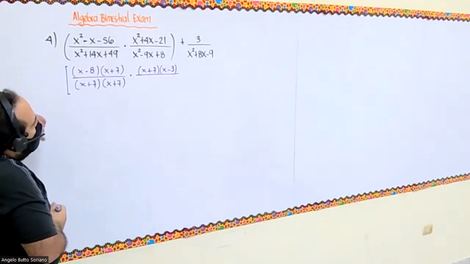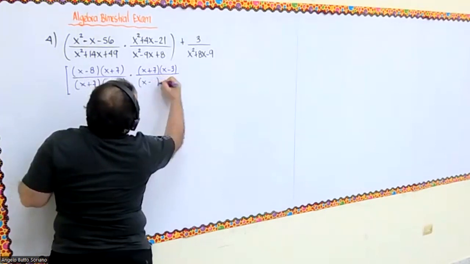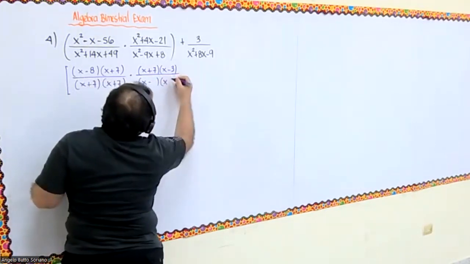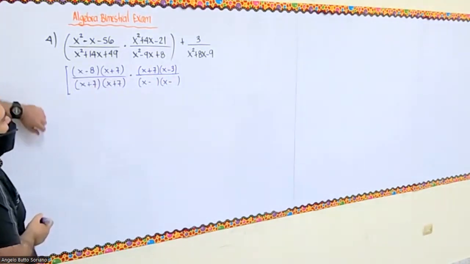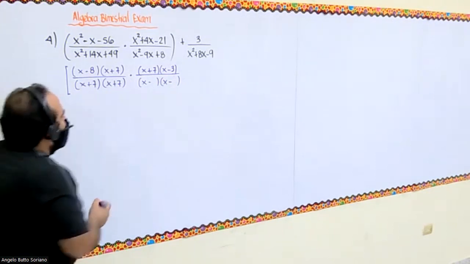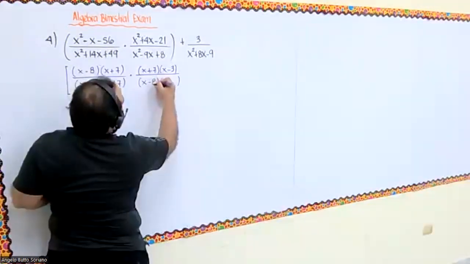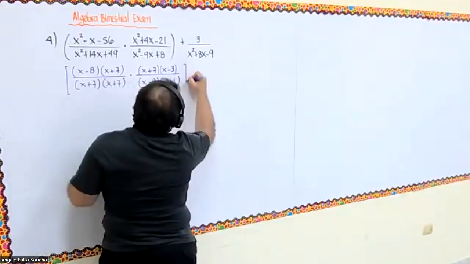And finally, x negative, x negative also, because positive times negative is negative. A couple of numbers whose product gives us positive 8 and whose addition gives us negative 9 will be negative 8 and negative 1. Close the brackets.